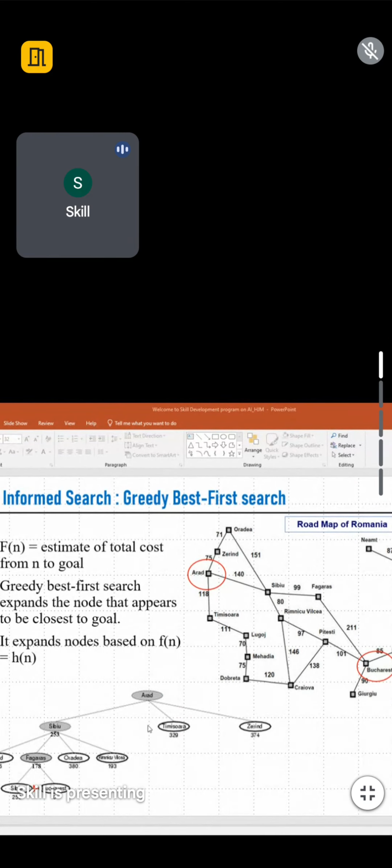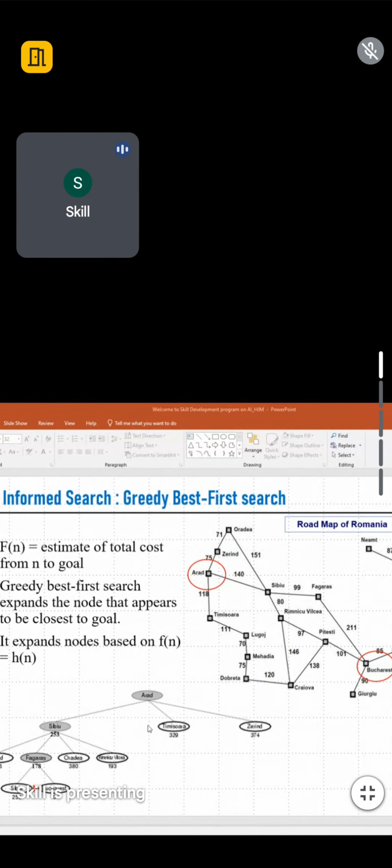Then you can see the least value is 253 among all the three fringes. We call these fringes. So this will be the least.